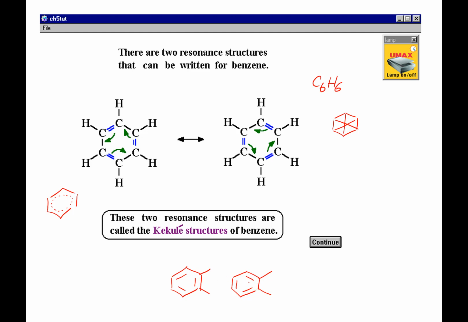And what they couldn't do is find two compounds. And so that led to the idea that maybe they're rapidly interconverting, but then ultimately led to resonance. And we know now that they're not rapidly interconverting, right? That's not what resonance structures do.